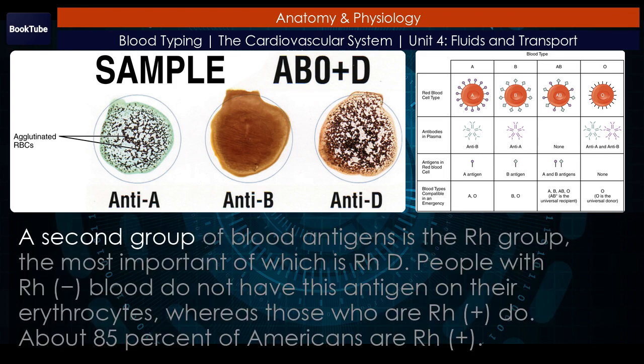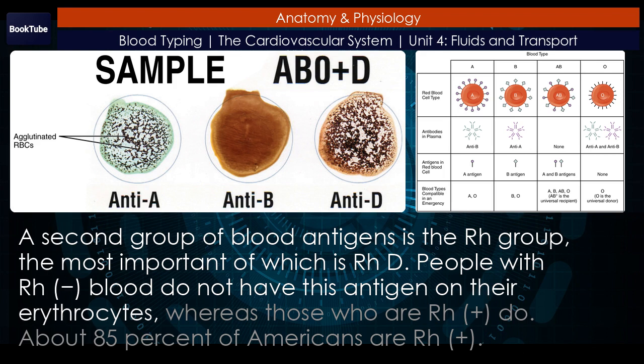A second group of blood antigens is the Rh group, the most important of which is Rhd. People with Rh- blood do not have this antigen on their erythrocytes, whereas those who are Rh+ do. About 85% of Americans are Rh plus.